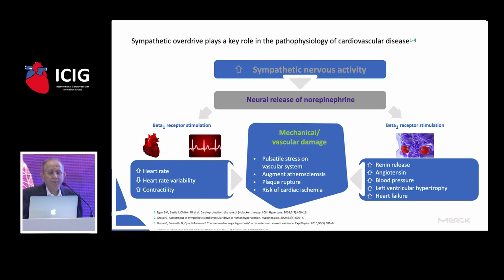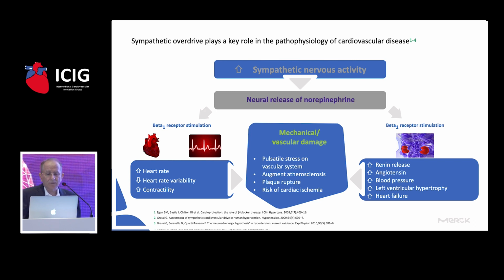Sympathetic overdrive plays a key role in the pathophysiology of cardiovascular disease. With increased sympathetic nervous activity, there will be neural release of norepinephrine. With beta-1 receptor stimulation, there will be an increase in heart rate, reduction in heart rate variability, and increased contractility.